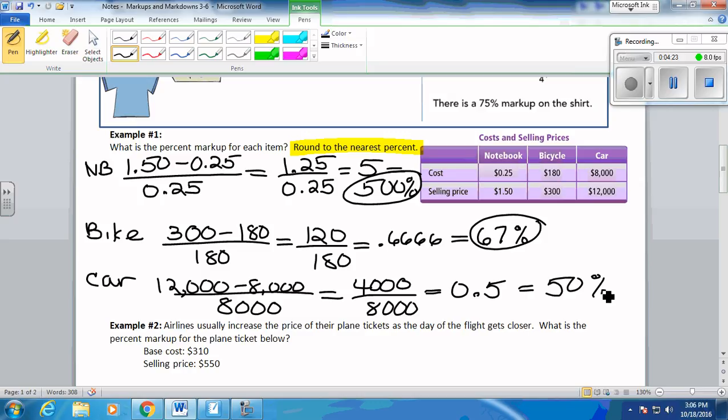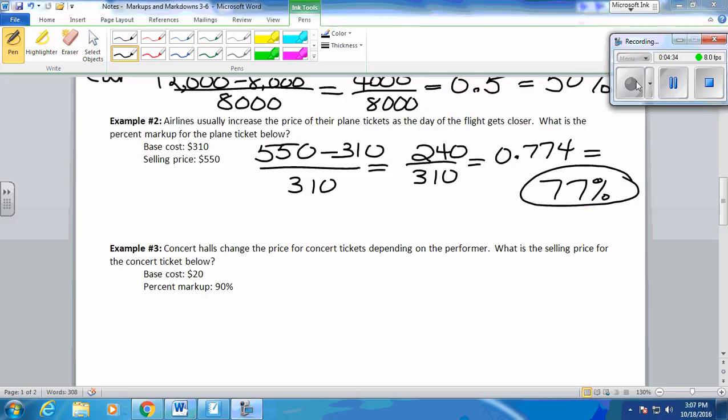I'll go ahead and let you guys try number 2. Just know that when they say base cost, that's the same thing again as cost. This one wasn't specific about where to round, so I just rounded to the nearest whole percent.